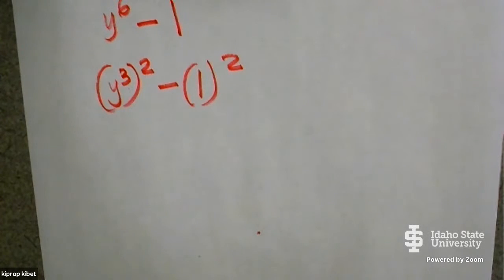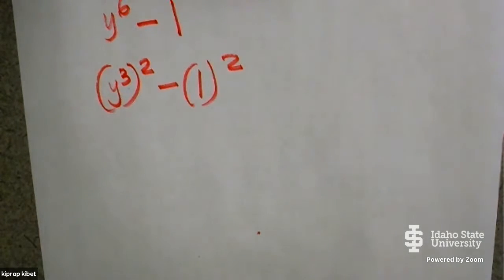So step number 1, there is no GCF. So step number 2, now you can manipulate that. Looking at this, it becomes a difference of what? Squares.